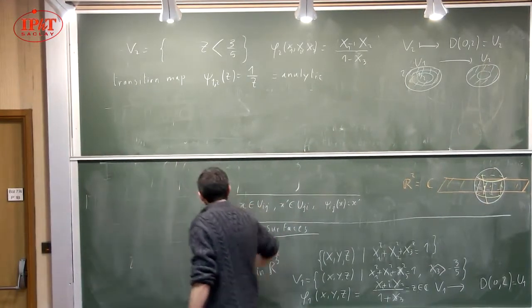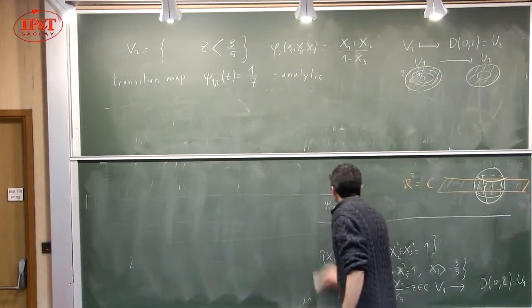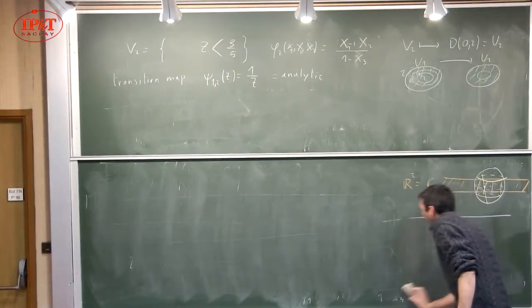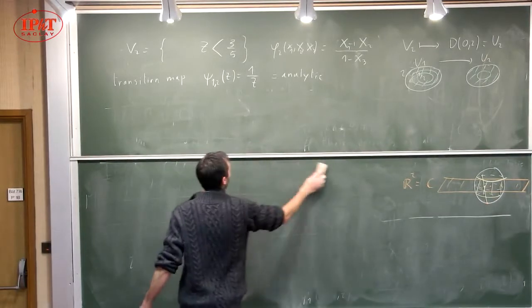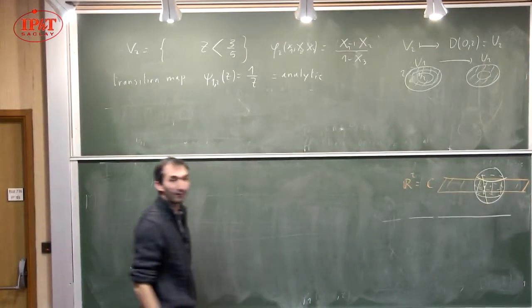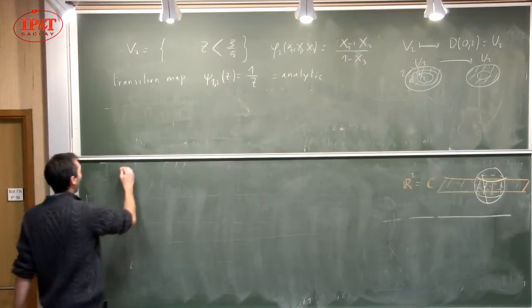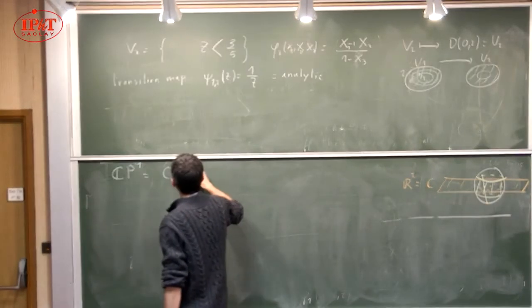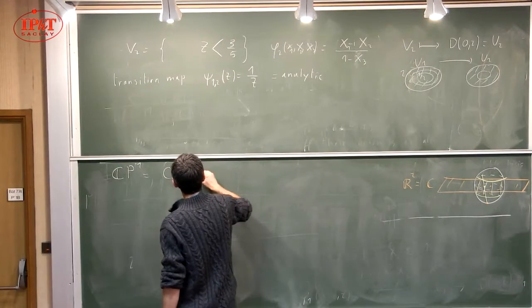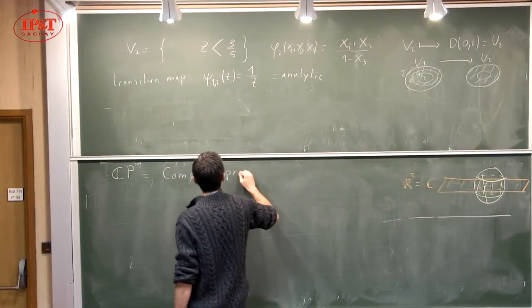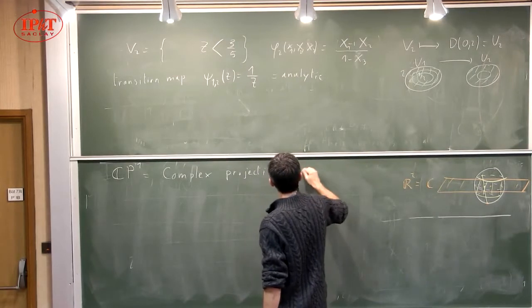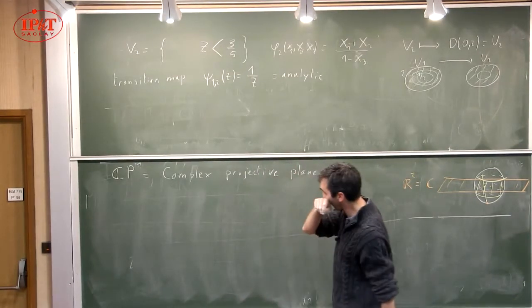Another way of defining the Riemann sphere is what's called the complex projective plane, and this will be very important. Because very often in the literature, the Riemann sphere is noted as CP1. CP1 means complex projective plane. And it's defined as follows.